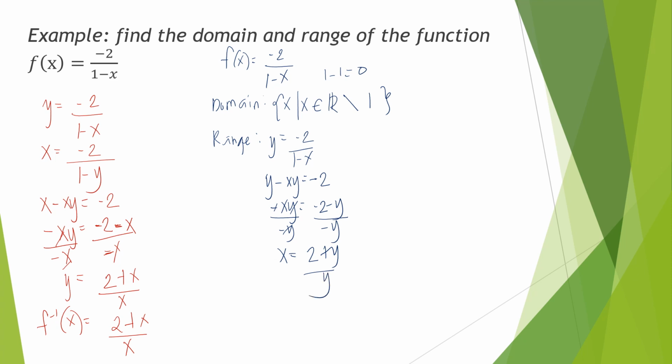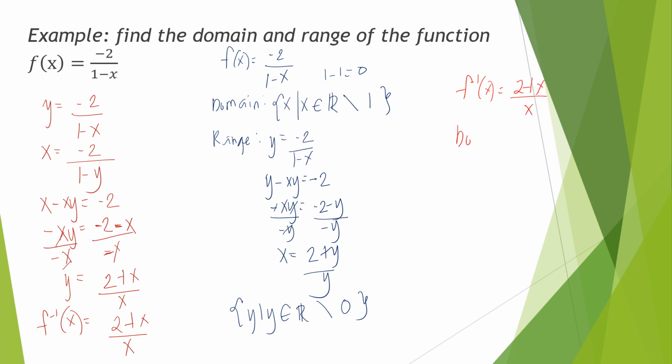So, y again is our denominator. So, for the range, set of y such that y is an element of all real numbers except 0. So, 0 is not allowed. Okay? So, for the inverse, f raised to negative 1 of x is equal to 2 plus x all over x.